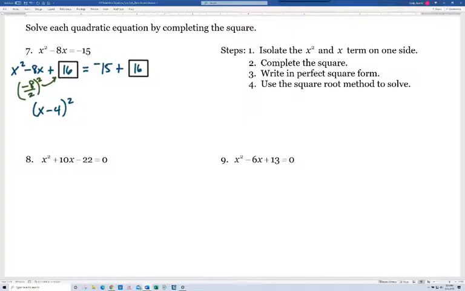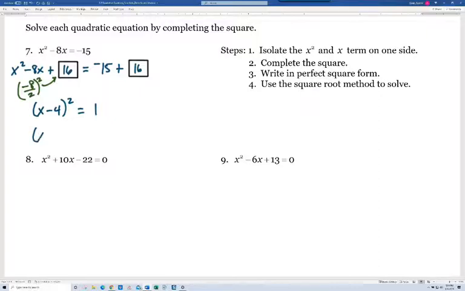And so this is equal to what we have above, but now it's in perfect squared form. And on the right side, when we add, we're going to get 1. So the whole point of this process is now we have an equation that we can solve. We have some quantity squared equals a number. We can use the square root method now.